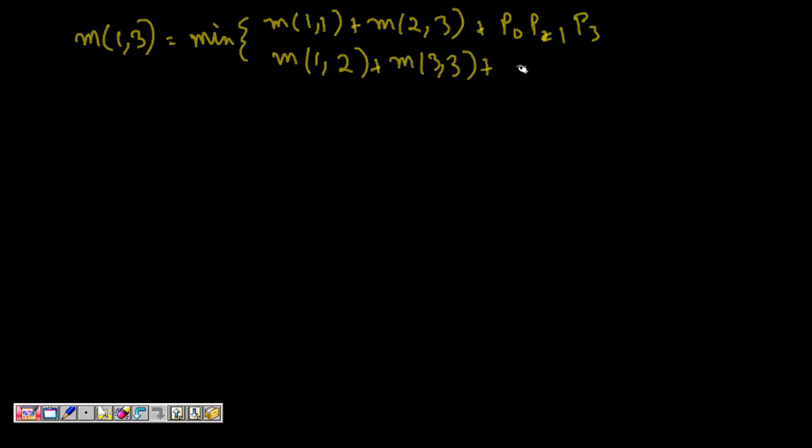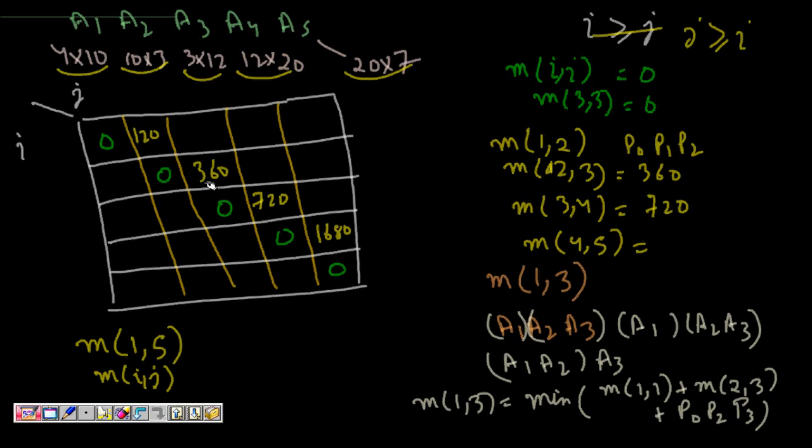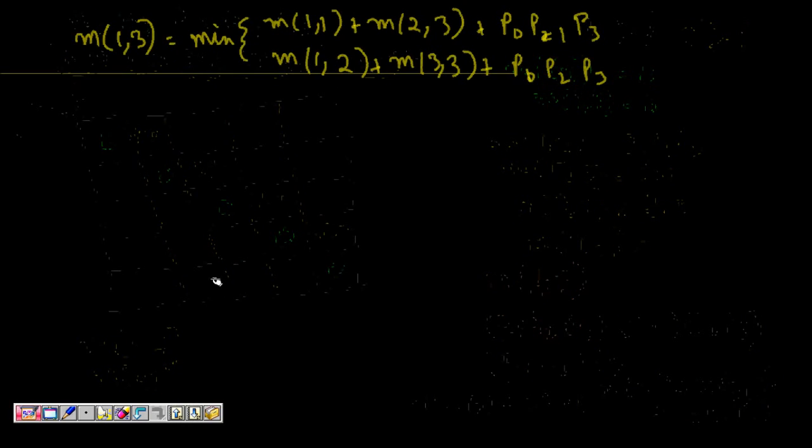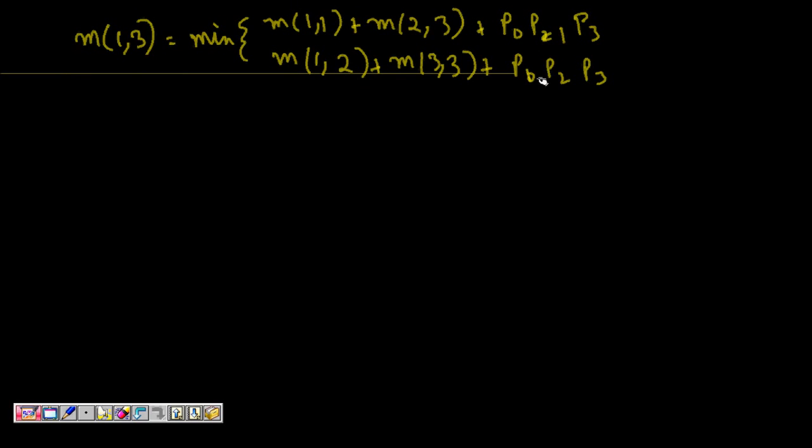Okay, so let's see. So this calculation basically means, so M1 comma 2 plus M3 comma 3 plus P0 P2 P3 comes out to be 264.